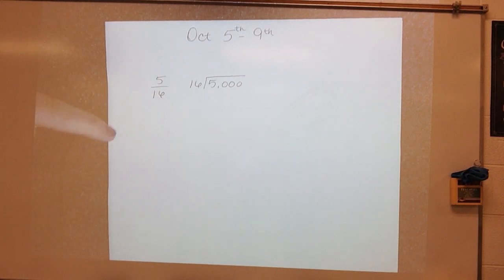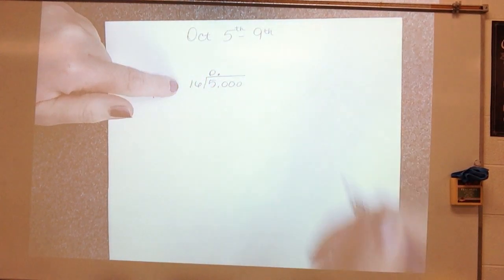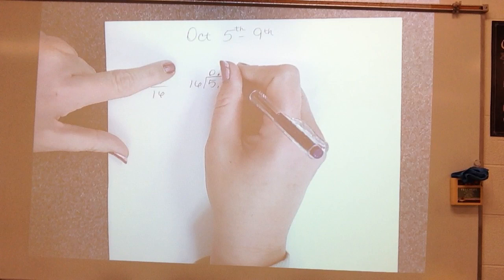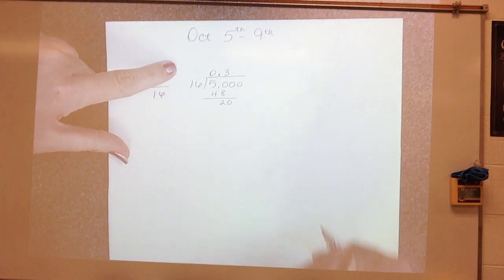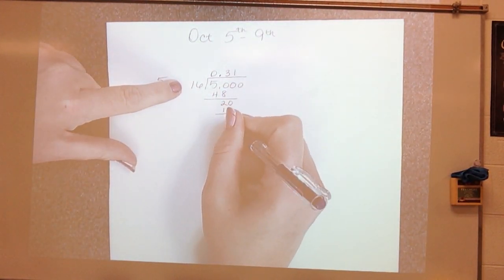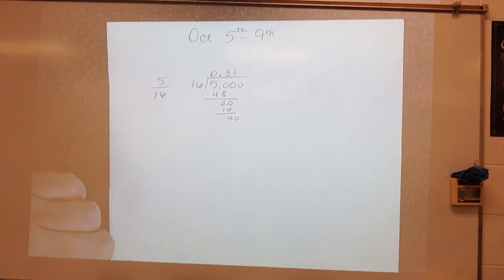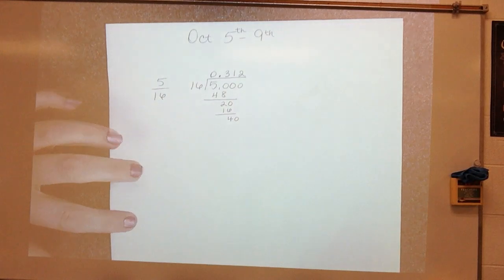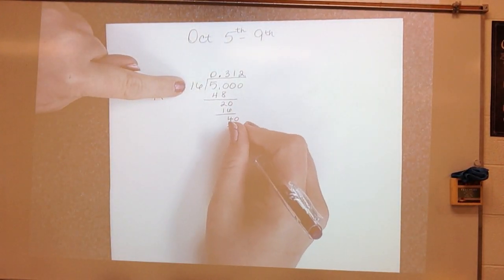So now I'm simply dividing. 16 will not go into 5, but 16 will go into 50 3 times. That is 48. Subtract. 16 goes into 20 1 time. Subtract, which is 4, bring down a 0, and then 16 goes into 40 2 times. 2 times 16 is 32.